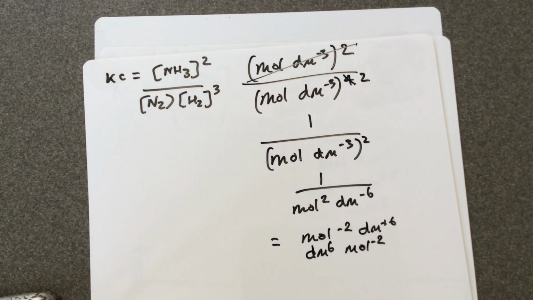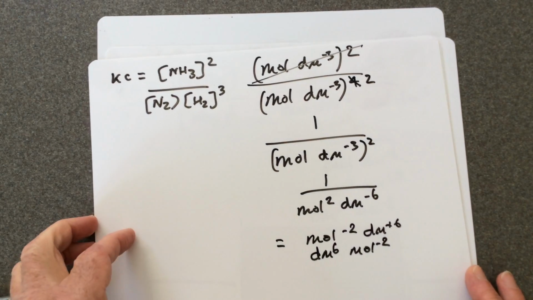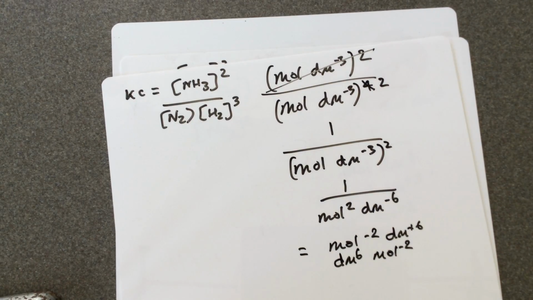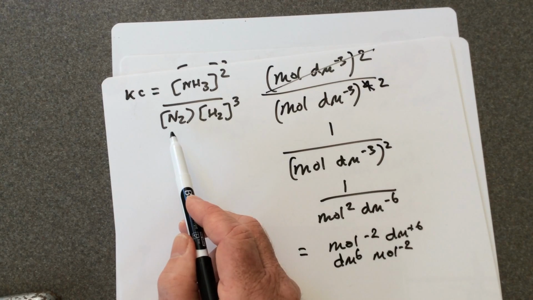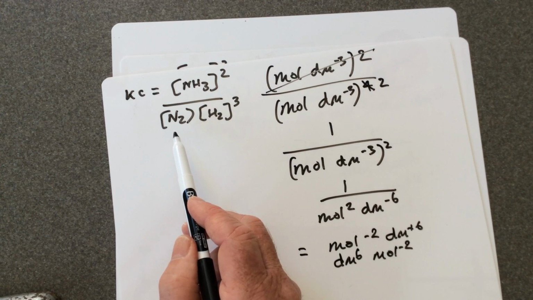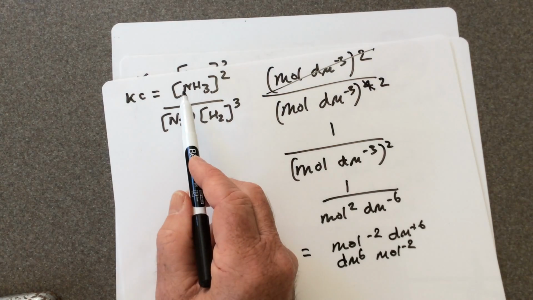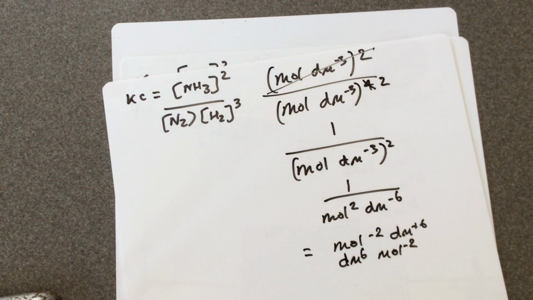Now, you were also given some questions where you needed to put some actual values in. So in the first one, for this particular equilibrium, you were told the concentration of nitrogen is 1.03 moles per decimetre cubed, hydrogen 1.62 moles per decimetre cubed, and ammonia 0.1 mole per decimetre cubed.